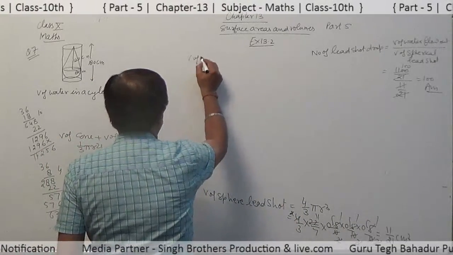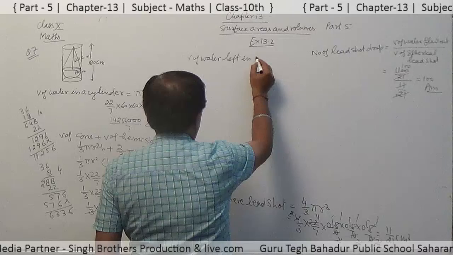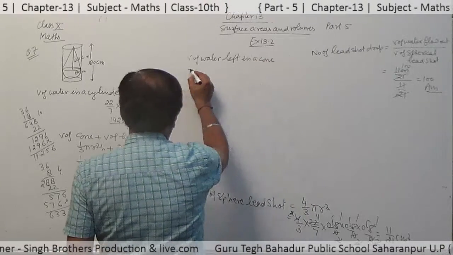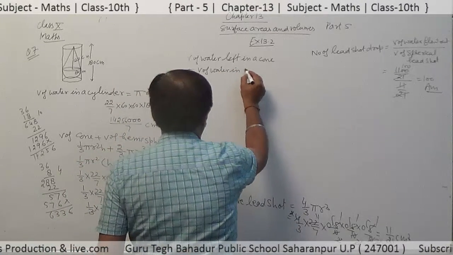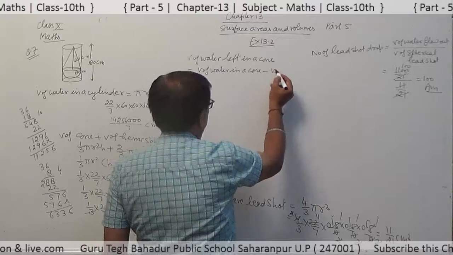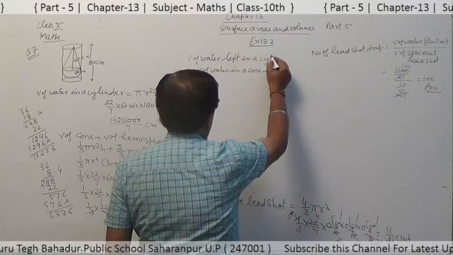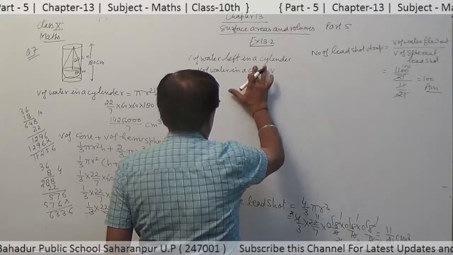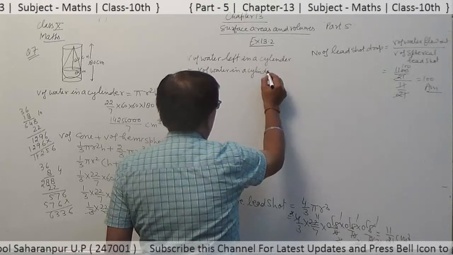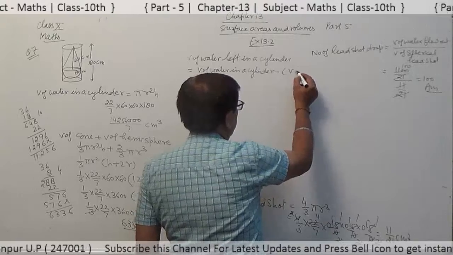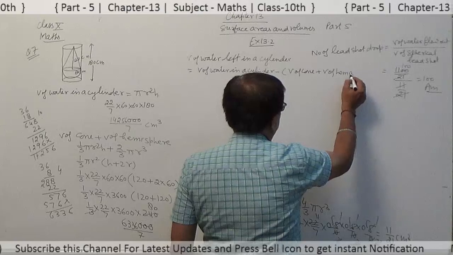The volume of water left in the cylinder is equal to the volume of water in the cylinder minus the volume of cone plus hemisphere.